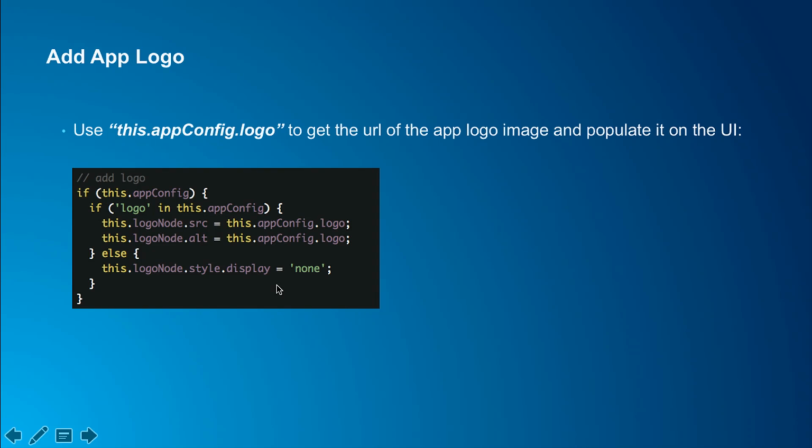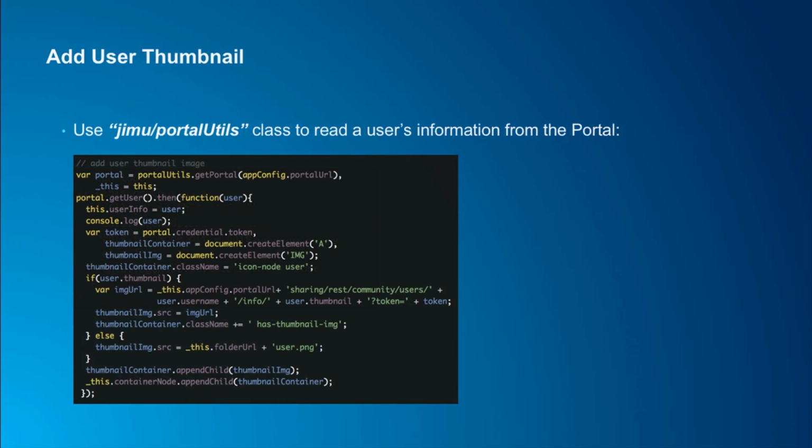It's pretty straightforward. And the next step is to get the user's information and display his or her profile picture. So here we utilize one class that is provided by the JIMU framework, which is called PortalUtils.